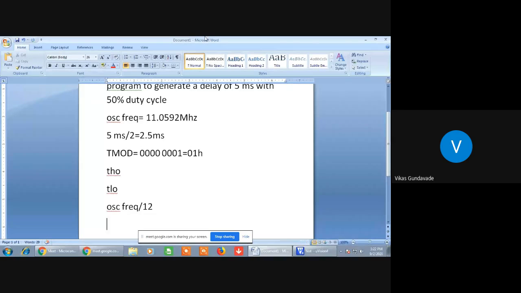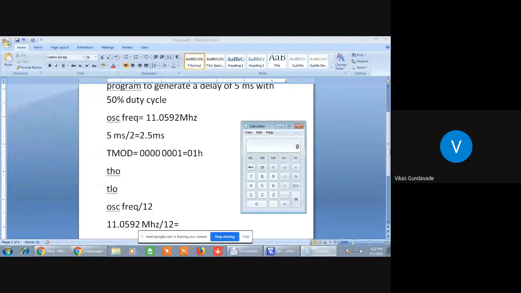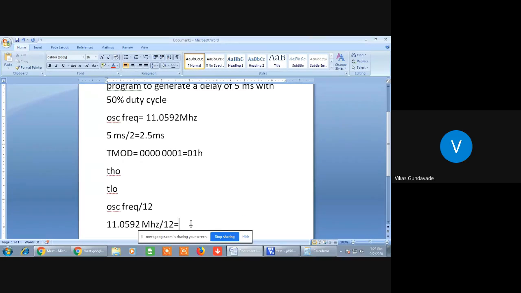So the oscillator frequency is 11.0592 megahertz. That will get divided by 12. So 11.0592 divided by 12 is 0.9216. It is in terms of frequency, megahertz.